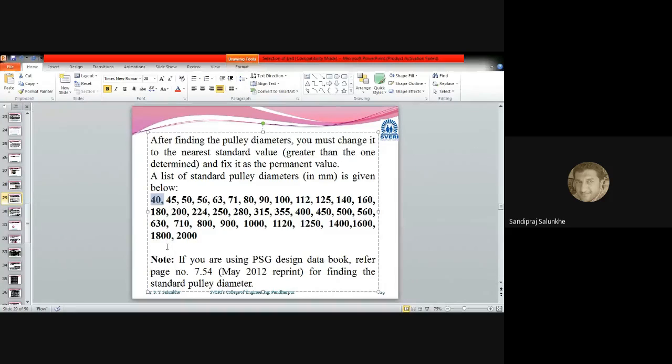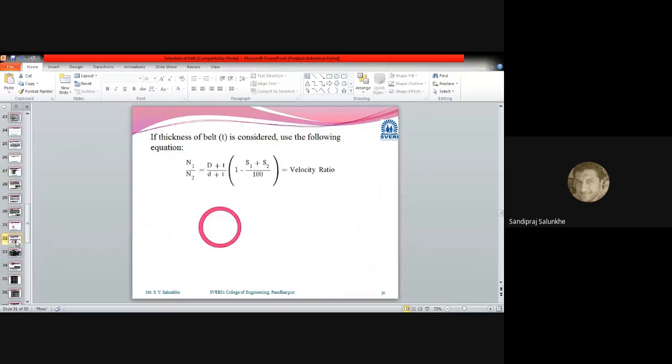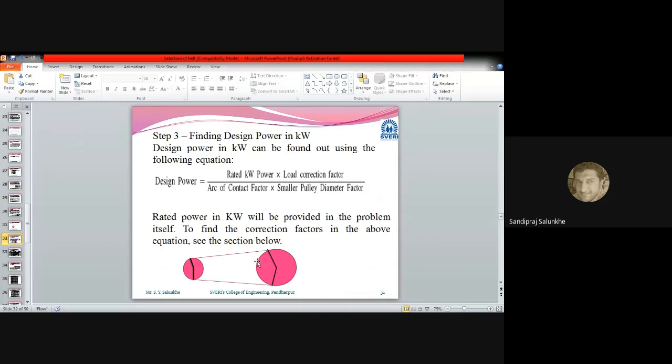If we want to go below that, then it becomes a special application, and a special belt has to be designed for that. But in standard belt drives, the minimum pulley diameter is 40 millimeter. So in our application, it may vary according to the requirement. That's why the smaller pulley diameter factor is used. We'll see all these factors one by one.